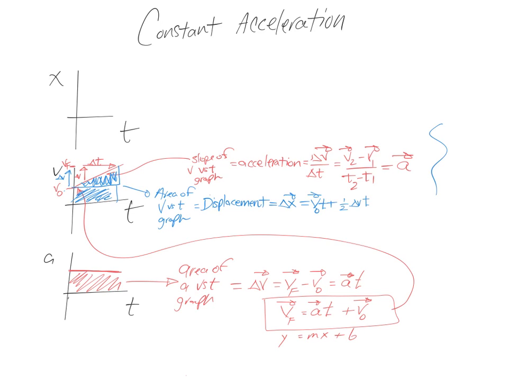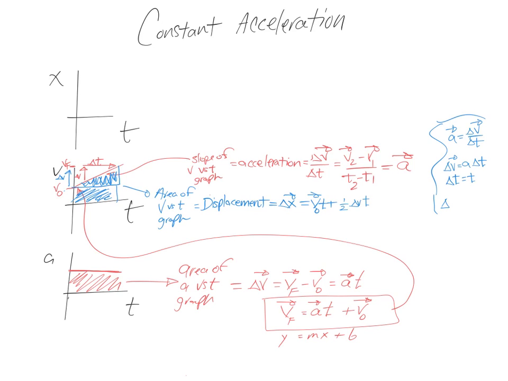Now, over here, it would help to recall our definition of acceleration, change in velocity divided by change in time. And if I solve that for change in velocity, I get a times change in time. Now, change in time is going to be the same thing as time for us. We're just going to use the symbol t for change in time, so we're not going to distinguish in this example.